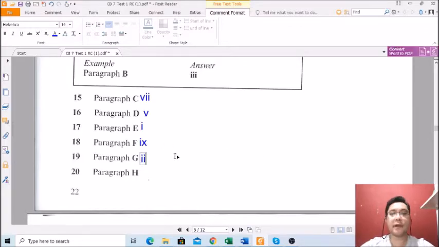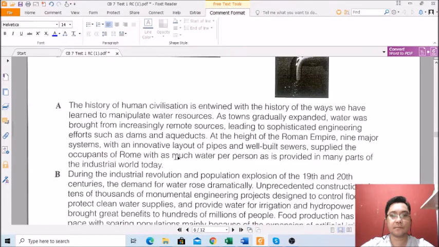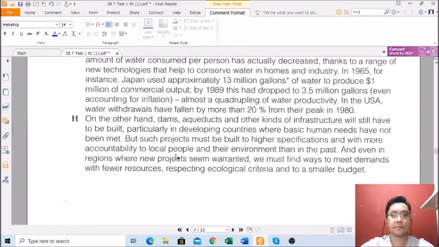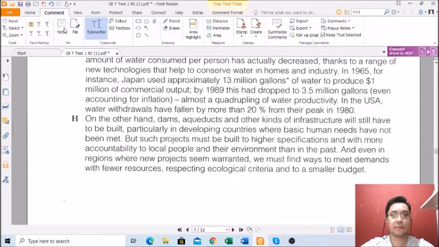Now let's go to H. On the other hand, dams, aqueducts, and other kinds of infrastructure will still have to be built, particularly in developing countries where basic human needs have not been met.